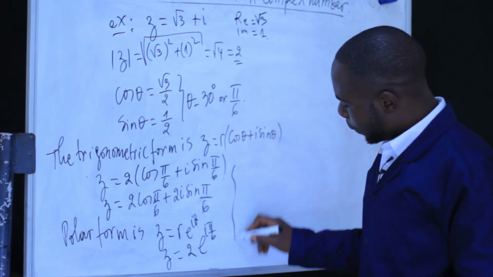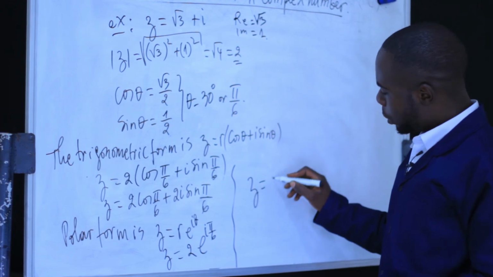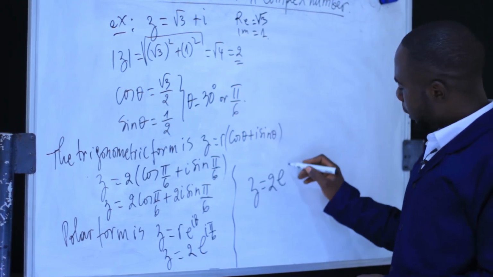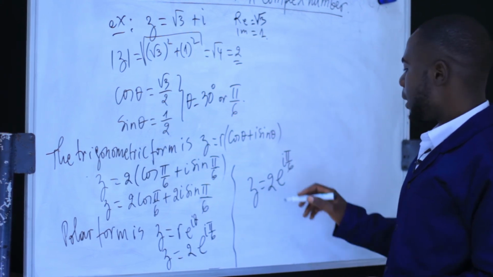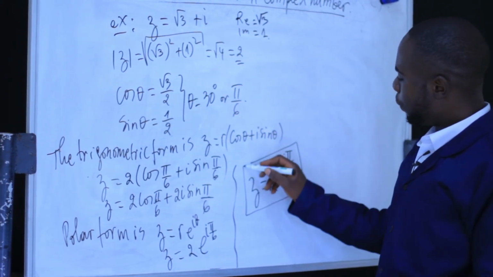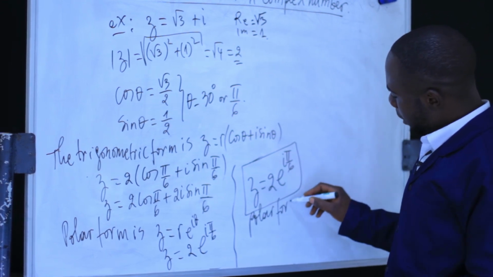Then the polar form of our complex number is z, which is equal to 2 e to the power i pi over 6. This is the polar form of our complex number.